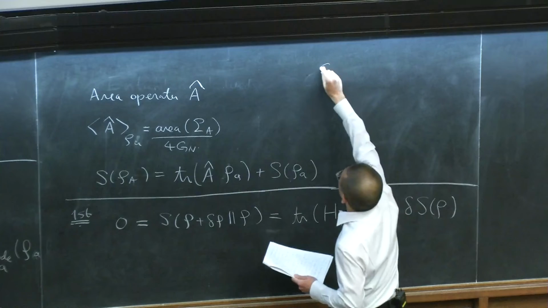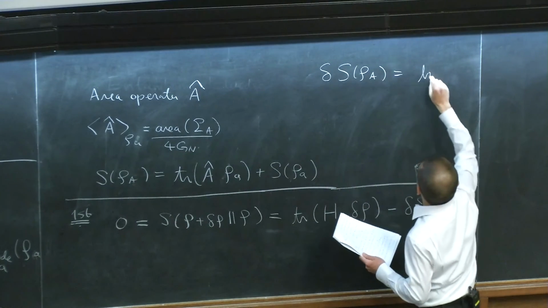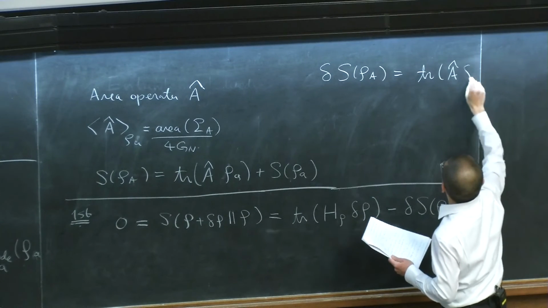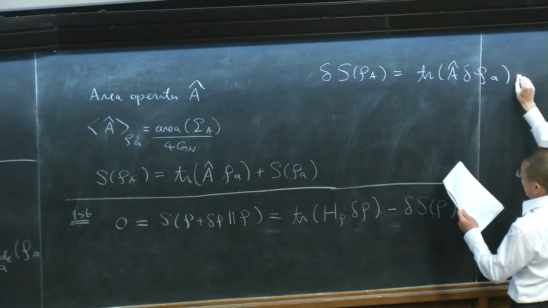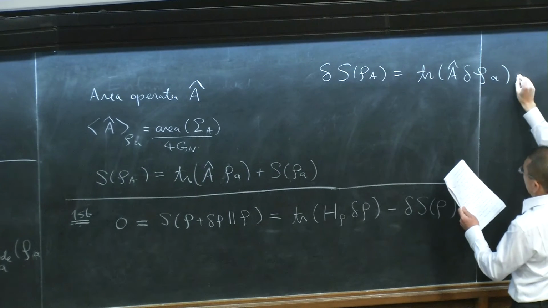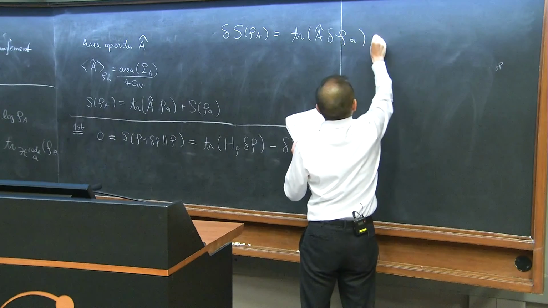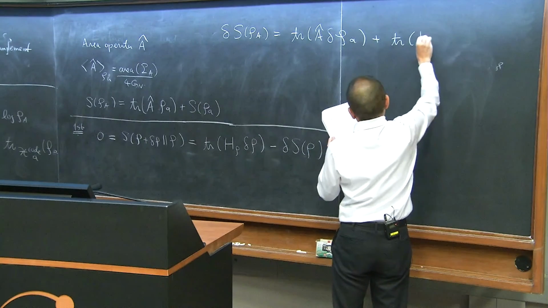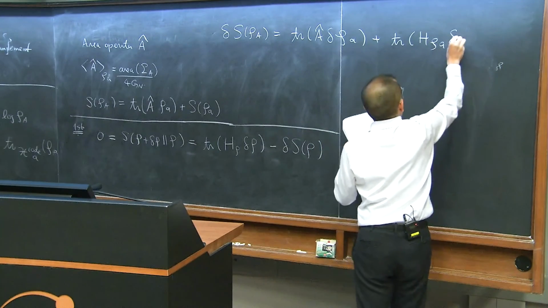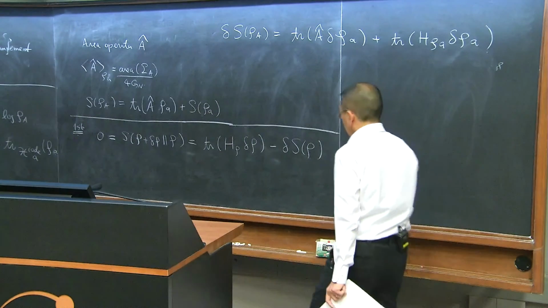So if I calculate delta of S of rho A, this is equal to the trace of A hat delta rho A plus the trace of H of rho A delta rho A, because we can use this.